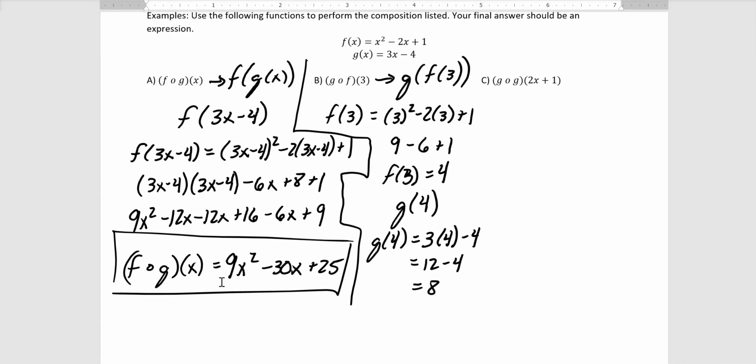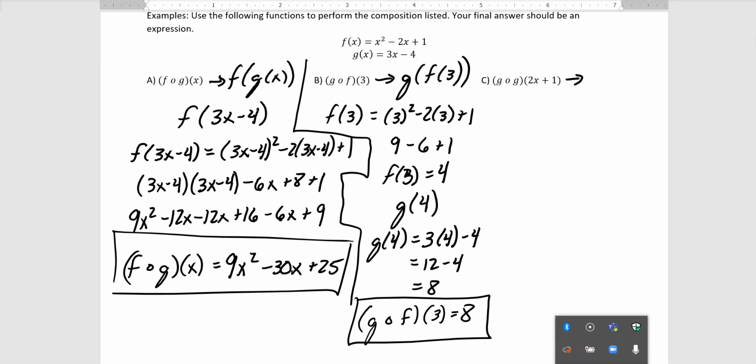So now I can say pretty confidently that g of f of 3 equals 8. All right, last one, g of g of 2x plus 1. Now you might be thinking, it's kind of weird to have g of g, but it can happen. This is just saying we're going to take g of 2x plus 1 and plug it into g again.